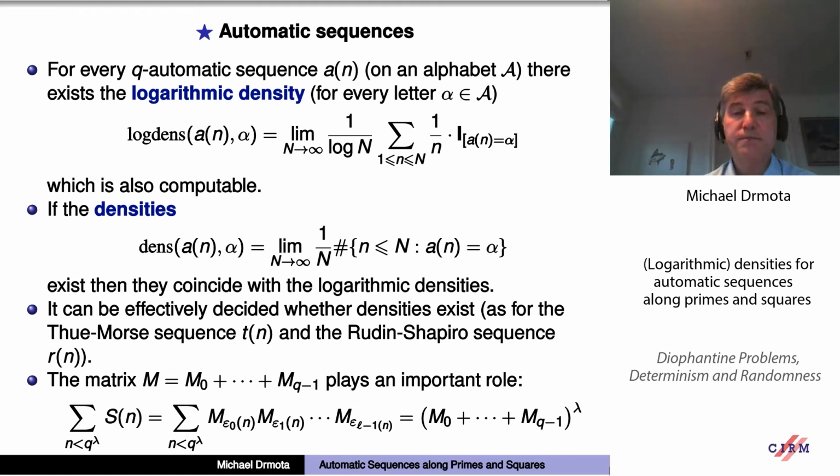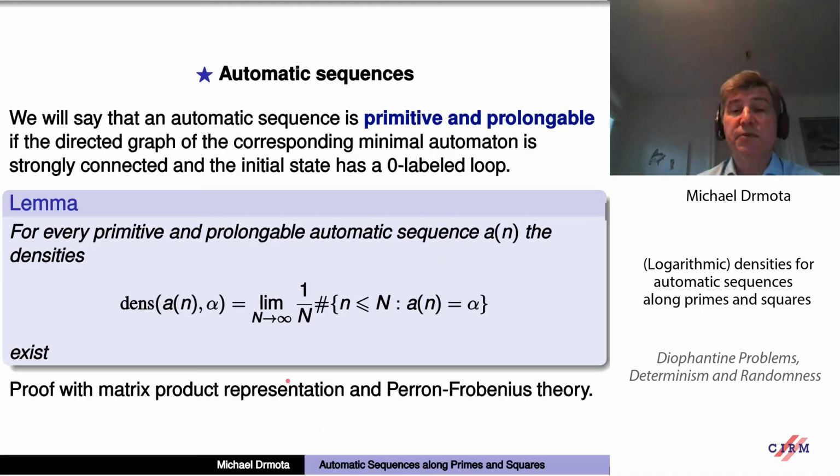then you can apply Perron-Frobenius theory, so these powers stabilize, and it follows in this case that you actually get densities. And this is the next observation that I want to make, namely, if you have a so-called primitive and prolongable automatic sequence, this means that the directed graph corresponding to this minimal automaton, so there's almost a minimal automaton representing the sequence, is strongly connected, and if the initial state has a zero loop, this is primitive and prolongable, then the densities exist.